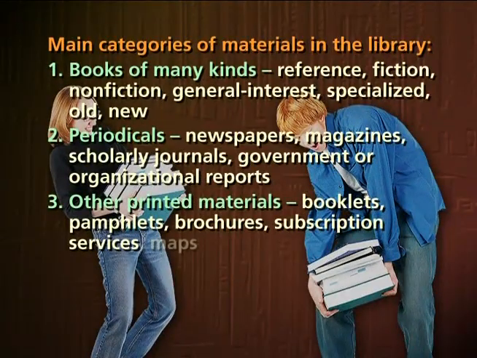Many libraries have collections of maps, which can include both old and new maps covering all kinds of information. If you're doing research on a historical topic, you may find that the map collection of your local library is a valuable resource. And maps could even be relevant for other types of topics.